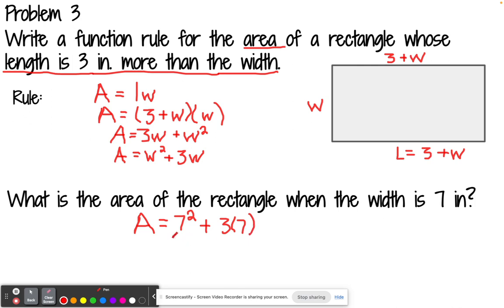Seven squared is 49. And 3 times 7 is 21. So 49 plus 21 will tell me that my area is 70, whatever units it is, inches. My area is 70 inches squared.